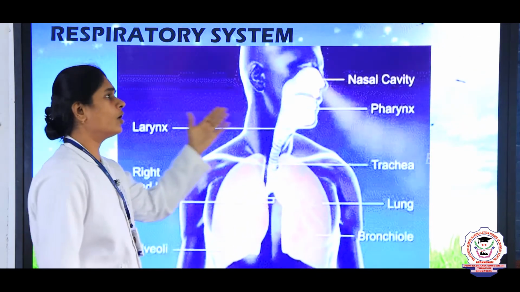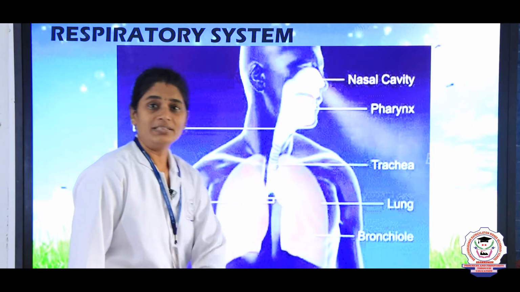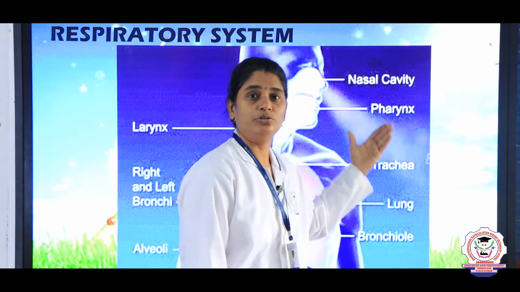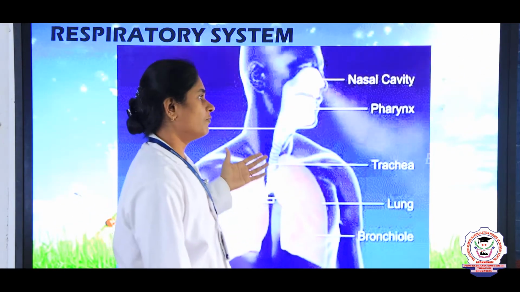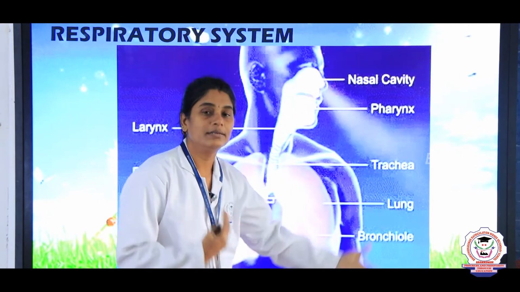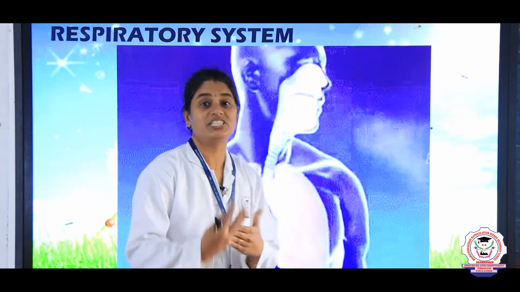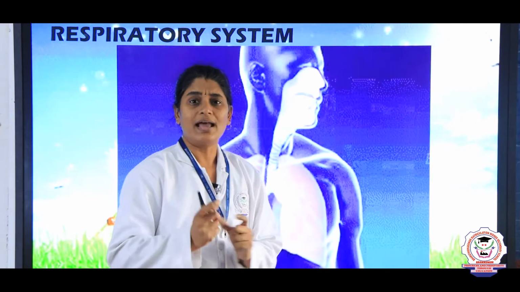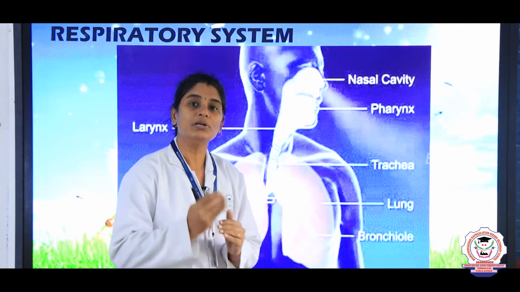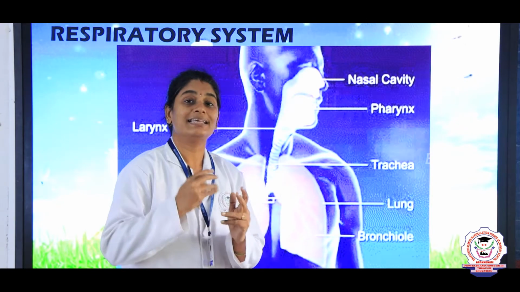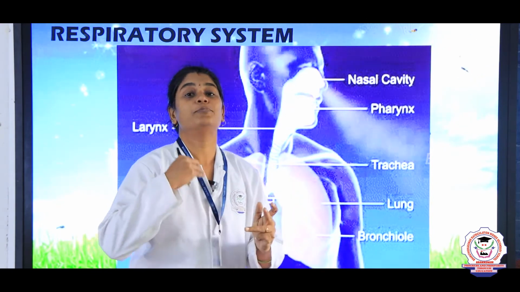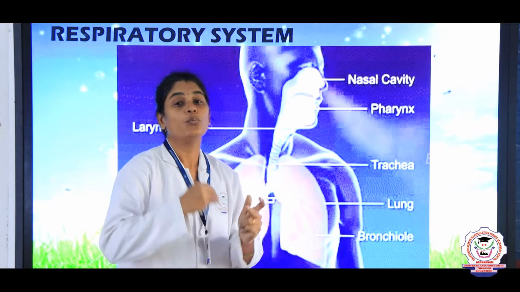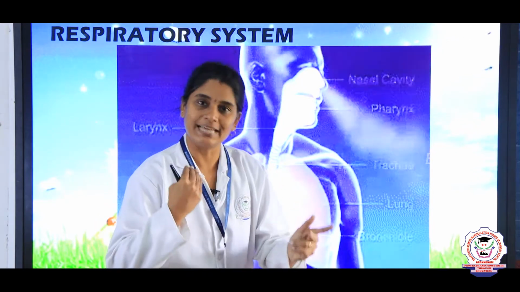Now we all know that all living things need air to breathe, right? The same way we can derive, the respiration has some characteristics. In that we can see the food is used up, the second one, the energy is produced, and thirdly we can see the exchange of gases takes place.